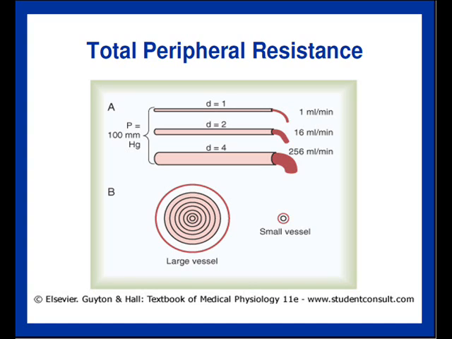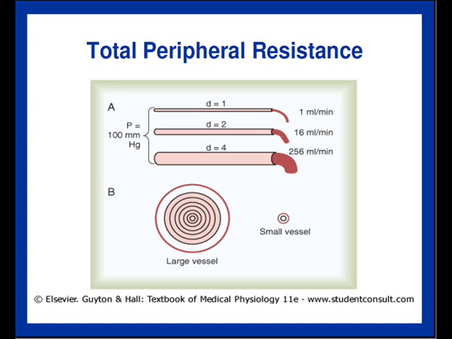So the take-home message is that a small change in the radius results in a huge change in blood flow, which is exactly what's occurring when you exercise, right? You're vasodilating in the tissue bed. A small change in the radius results in a very large change in blood flow because of this relationship.